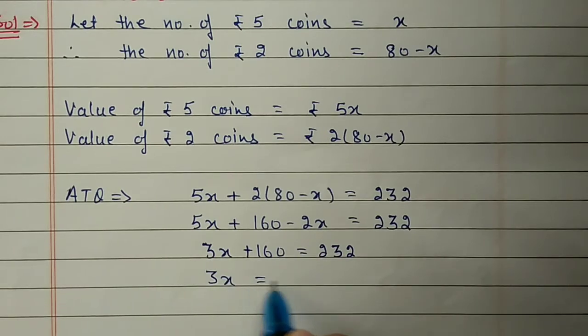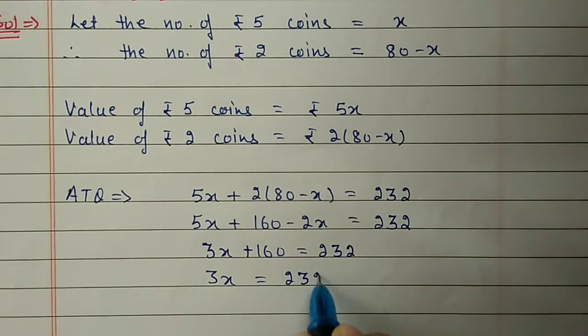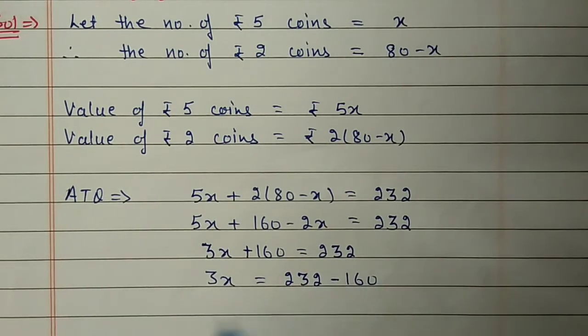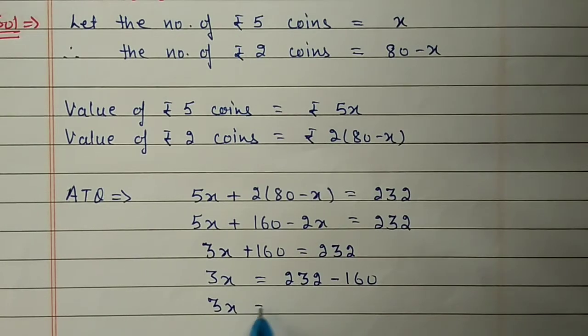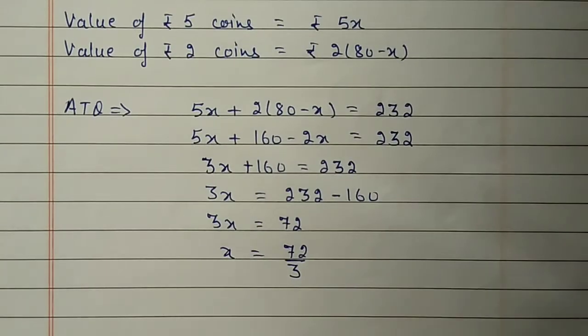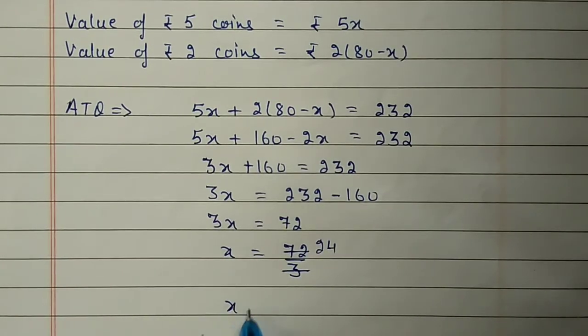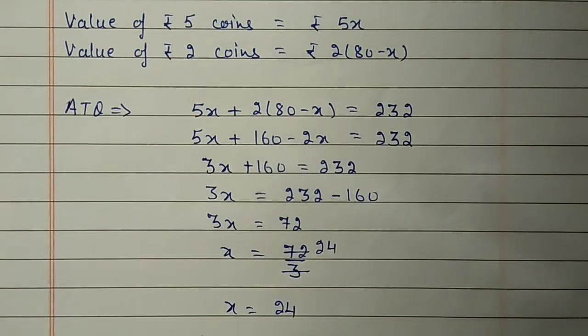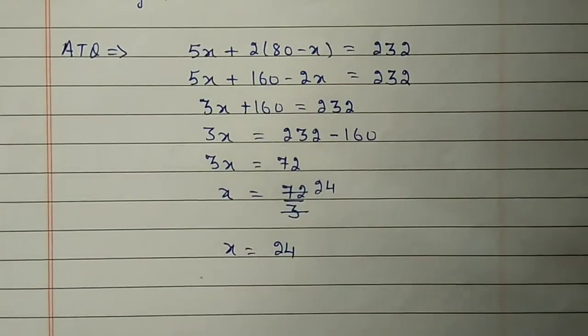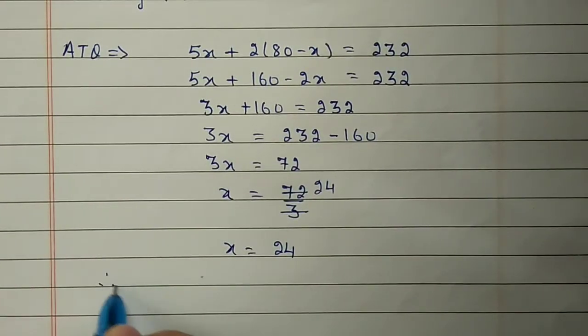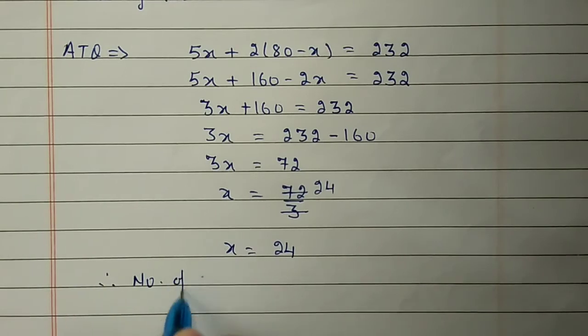It is here in addition, on the other side it will go for subtraction. So 3x is equal to 72. So x value will be 72 by 3. Cancel with the 3 table. 3 2s are 6 and 3 4s are 12. So x value is 24. Therefore the number of 5 rupee coins is 24.